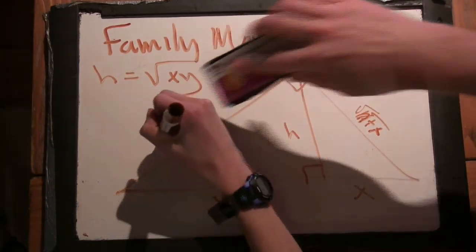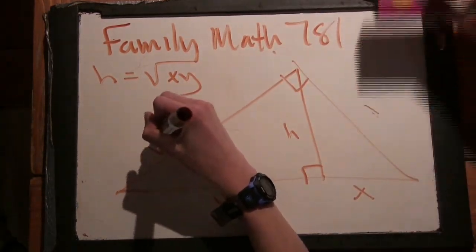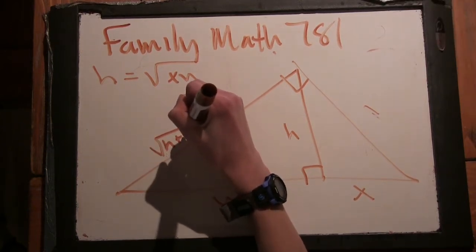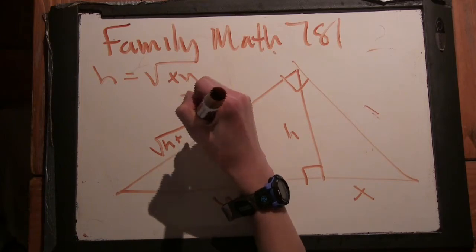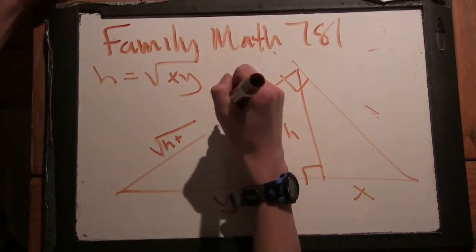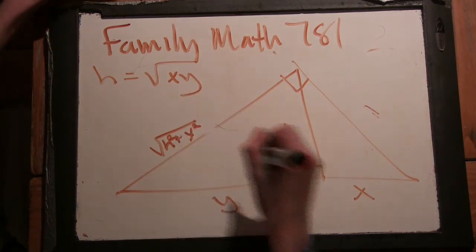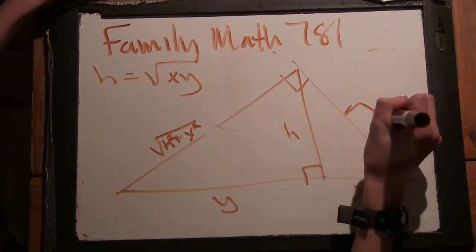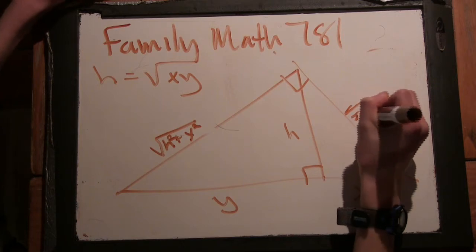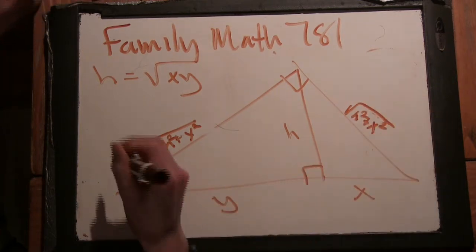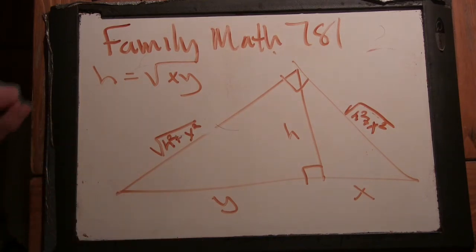Let's write those lengths a little bit bigger so you can see them now. But also, it's not the square root of y plus h. It's h squared plus x squared. There you go. So I tried to put these together in an equation and tried to get this as a result, but I could not figure out how.